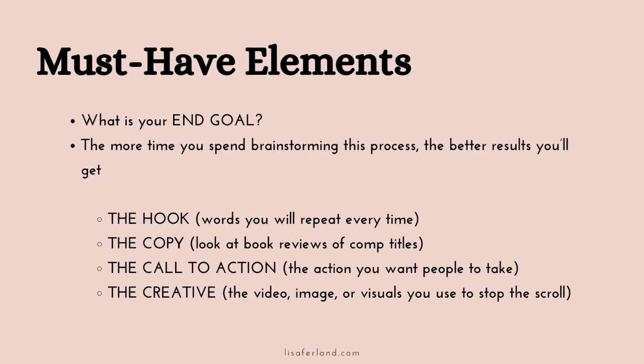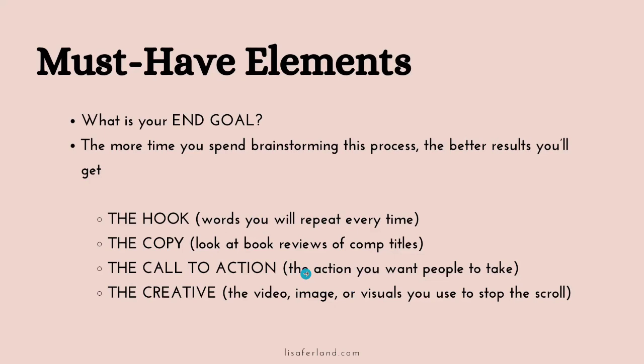The copy, we can look at book reviews of comparison titles, but the copy has to explain the story and really be interesting. Why should someone sign up? And this is the hook for your lead magnet, not for your book. Those are different hooks. They could be the same, but generally this is going to be for the lead magnet, unless your book is the lead magnet. And I'll show you that in a minute.